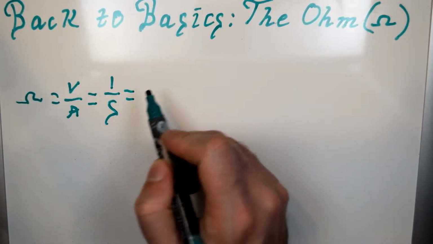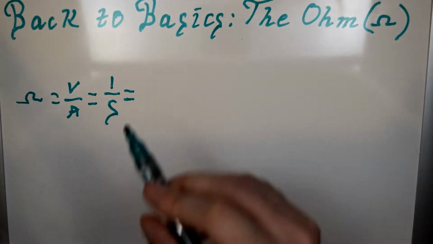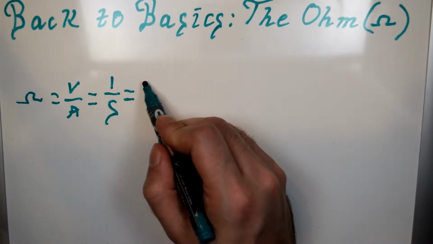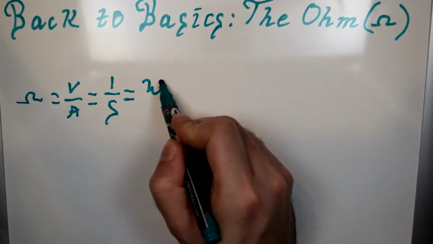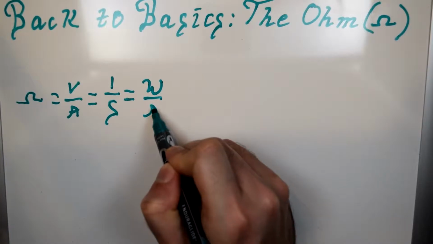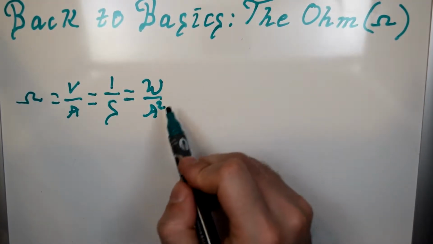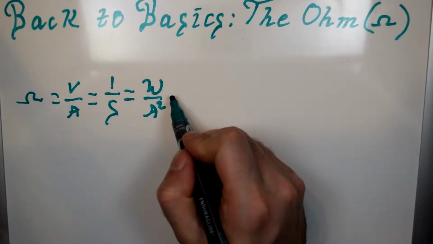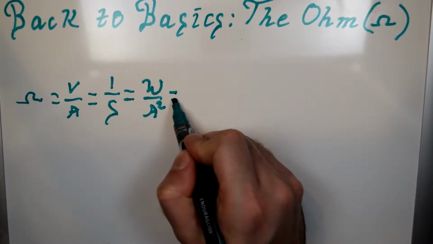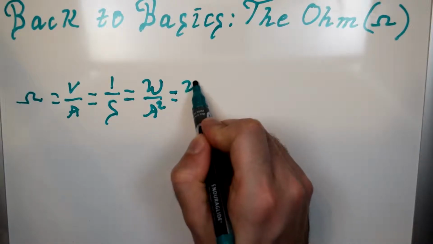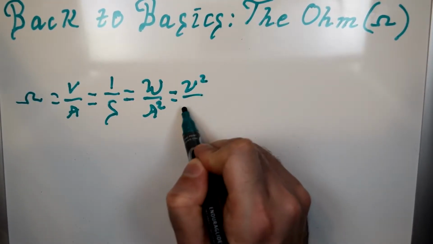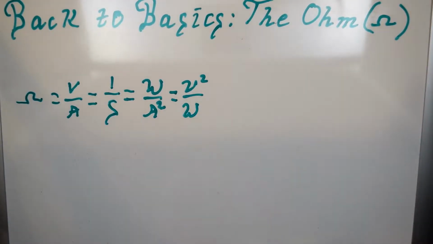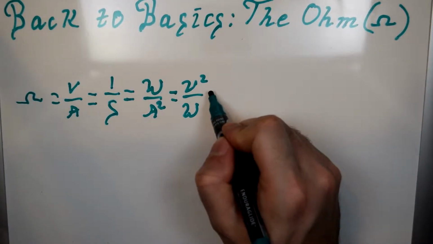I don't know if we'll ever talk about Siemens. It's a fairly obscure electrical measurement standard. We can also say it's equal to watts over amps squared, and that's just a reshuffling of our power formula. We can also say it's equal to volts squared over watts, yet another reshuffling of our power formula. Pardon me.